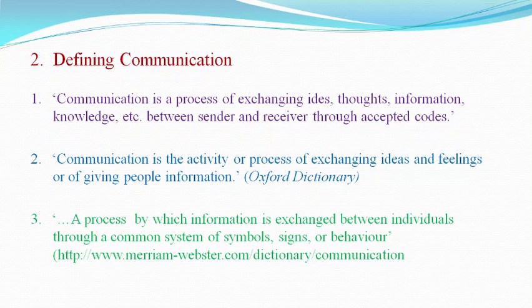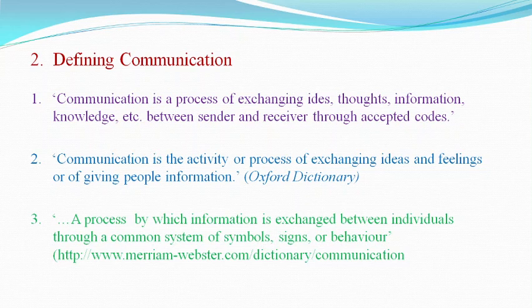There is an exchange of ideas. There are two persons, sender and receiver. There is an accepted code. When these three things come together, it becomes a kind of communication.